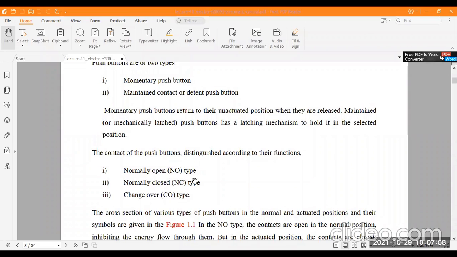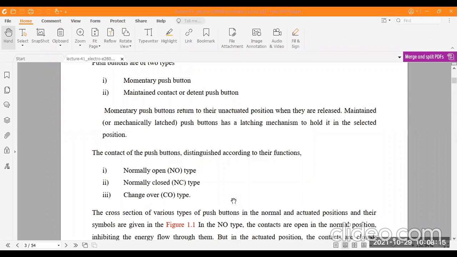Then this is a normally closed type valve or push button switch. Then another one is CO, which means you have to know the changeover type push button switch. These three terms are very important for practical work.